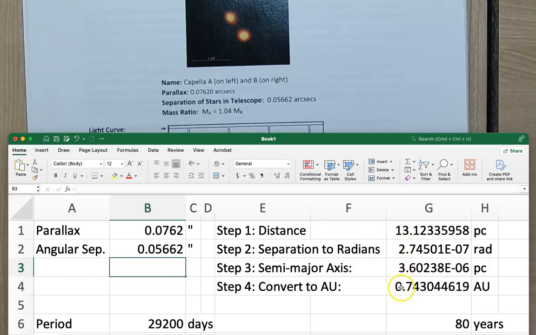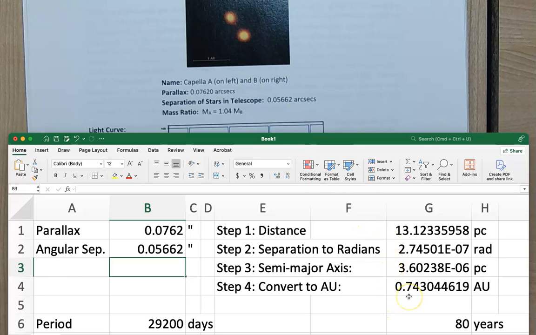So these should be your answers here. 13 parsecs, 2.7 times 10 to the negative 7 radians. Like I said, it's always going to be a small number, which means that those two stars are 3.6 times 10 to the negative 6 parsecs apart, which is close, right? What is that in AU?